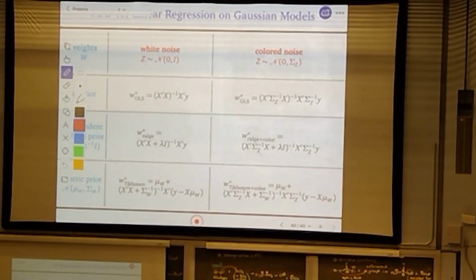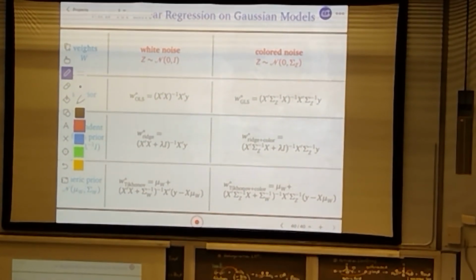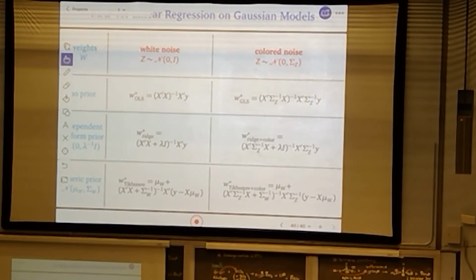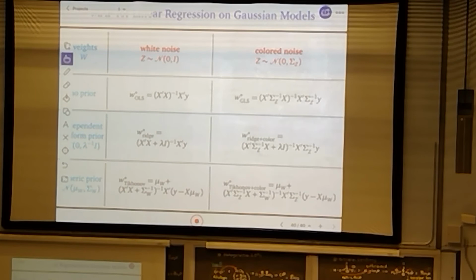So the last slide is this summary of what we have learned so far. You have this 2D layout. One is this noise model. You could have white noise or you could have colored noise. For the weights, if you had no prior, it's just the ordinary least square solution. When you have added colored noise, you have GLS, generalized least square. If you have an independent but uniform prior, if you are dealing with white noise, you have the ridge solution.